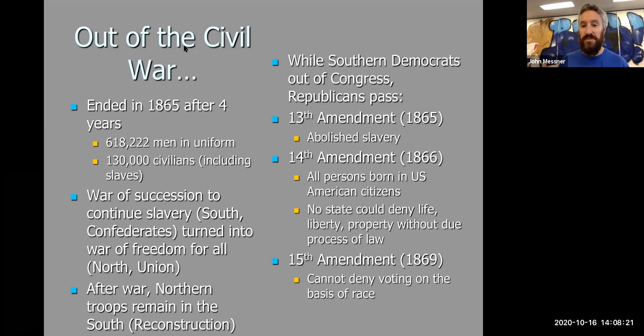But the Southern Democrats, who have always opposed enfranchisement, sort of voting for minorities, and who oppose civil rights, equal rights for people of color in this country, are out because they had seceded, the Confederates in the South. So there's a Republican majority, and Republicans at this point were led by Abraham Lincoln and get elected in all the northern states. So Congress in Washington, D.C. is dominated by Republicans at this time.